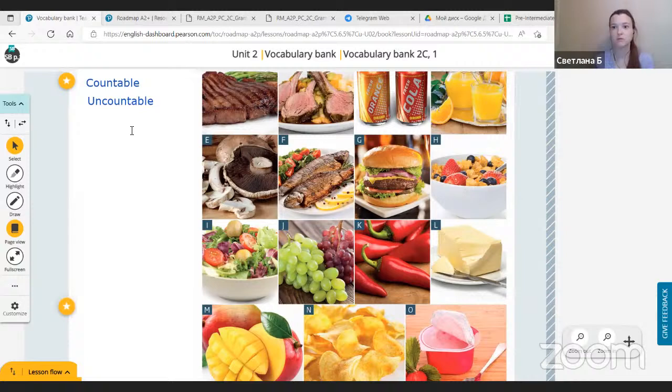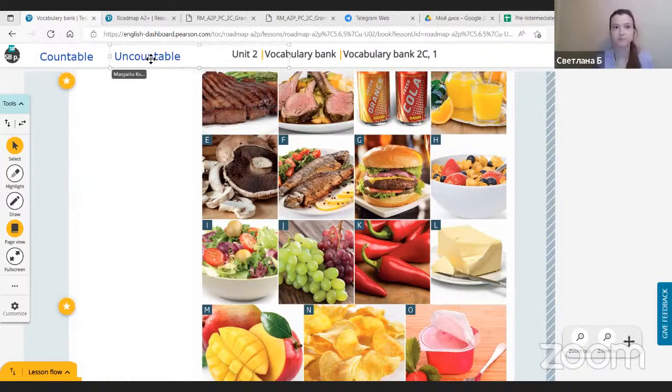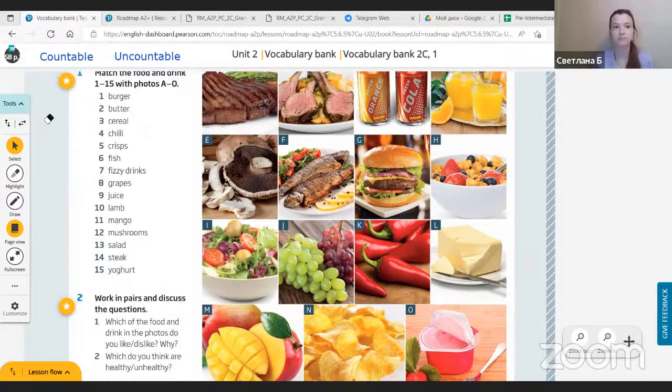Juice, absolutely right. Yeah, also very good idea. I agree. Okay, let's now put all these words into 2 groups. What is countable? What is uncountable? Okay, one moment. So let's try. Butter. What do you think? Butter.